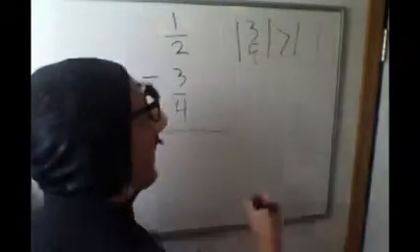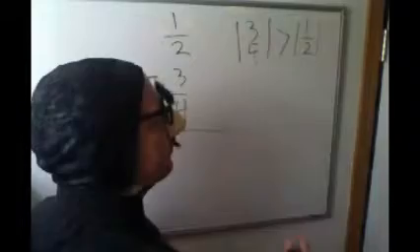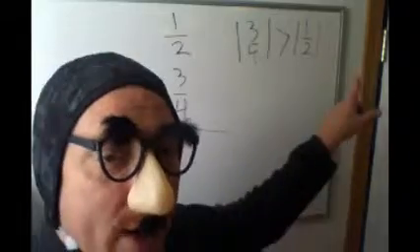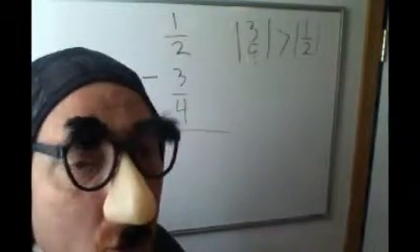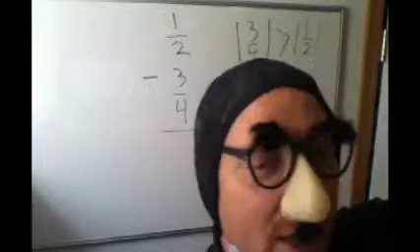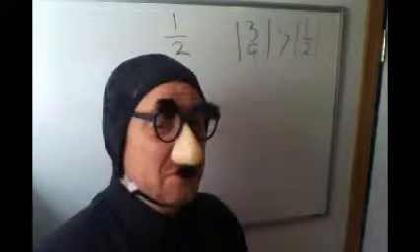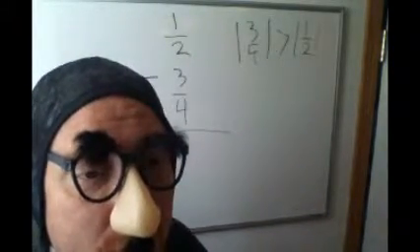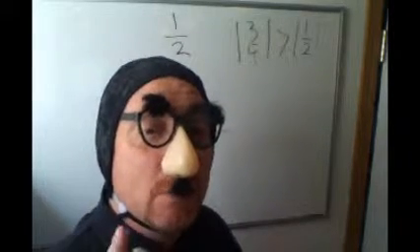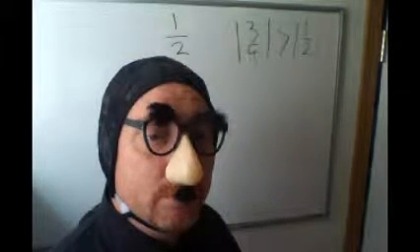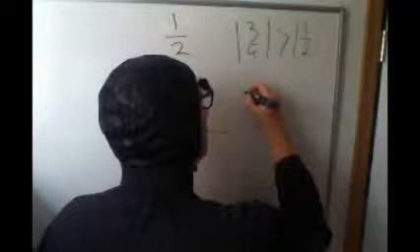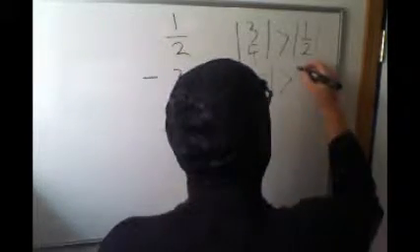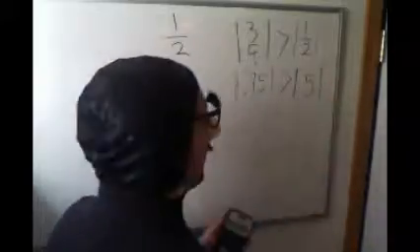If you don't believe that 3/4 has a higher absolute value than 1/2, all you have to do is take your trusty calculator, or better yet, do it on paper, and divide 3 by 4. Because remember, every fraction is a division problem. It is the same as 0.75. And 1 divided by 2 is 0.5. And as we see there, 0.75 is clearly larger than 0.5.